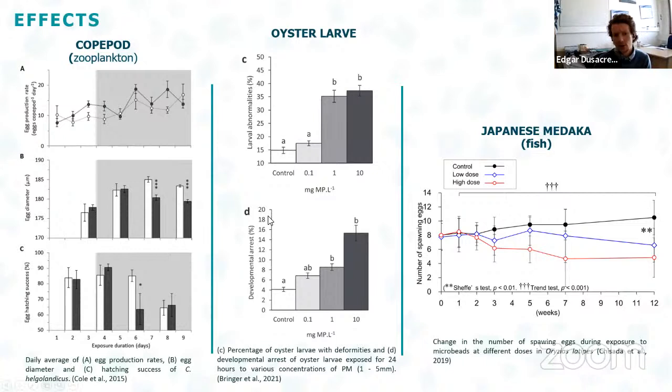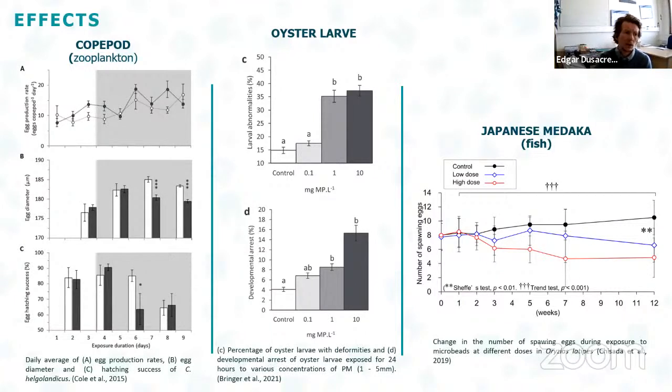At the center, this is a study by Arnaud Bringer about oyster larvae. They show that the size of microplastics also has a role in abnormalities and development arrest. They also show that it could have an impact on the swimming behavior of the organisms.